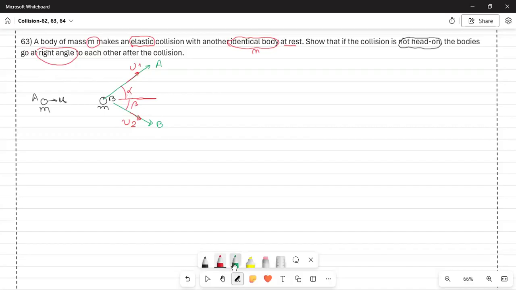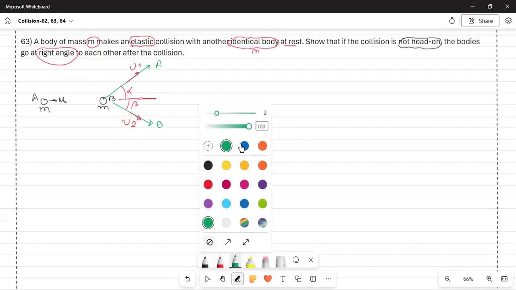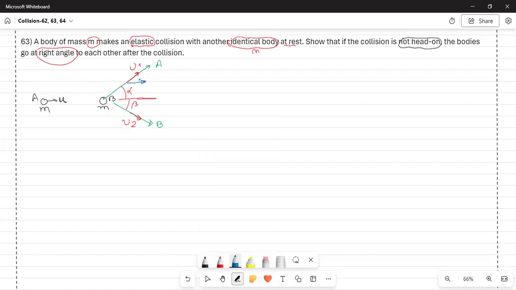Now, this may not be very difficult for you. This V1 has two components, one horizontal component, which is V1 cos alpha, and one vertical component, which is V1 sine alpha. Similarly V2 also has two components.